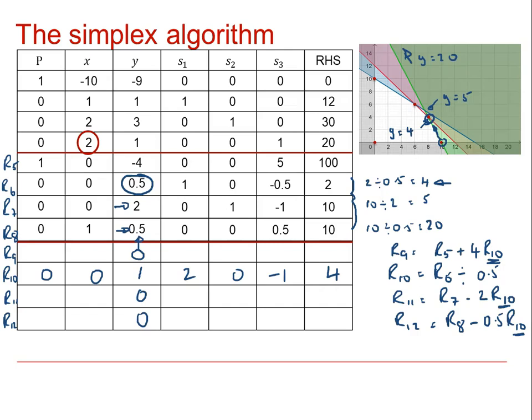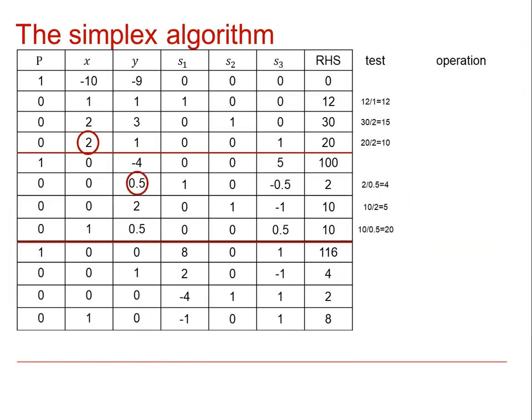What I suggest again is that you pause the video here and check that you get the value on the next slide. So here's our completed table, and we can now see we've got all positive values.